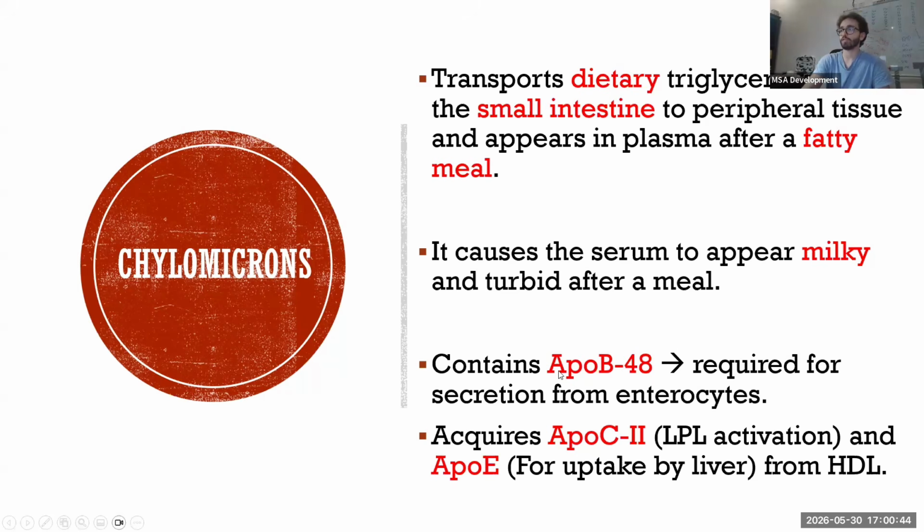As we said, chylomicrons have ApoB48, which is required for the secretion from the small intestine to take it to the peripheral tissue, and it acquires, not contains, it acquires ApoC2 and ApoE from where? From HDL. ApoC2 will cleave the chylomicron when needed, or ApoE will allow the chylomicron to go to the liver if needed.